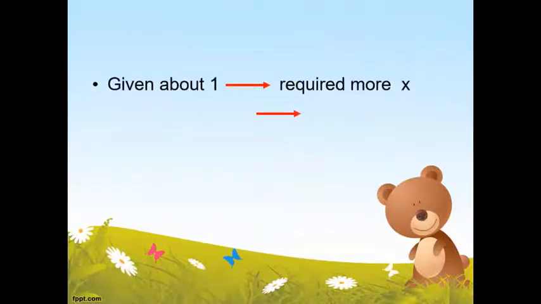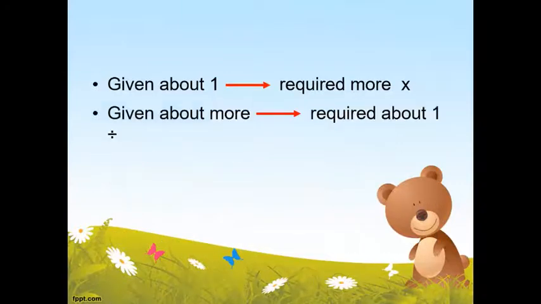So when we are solving multiplication and division word problems, if you are given about one thing and the requirement is to find about 5 people or 10 people, we have to use multiplication there.